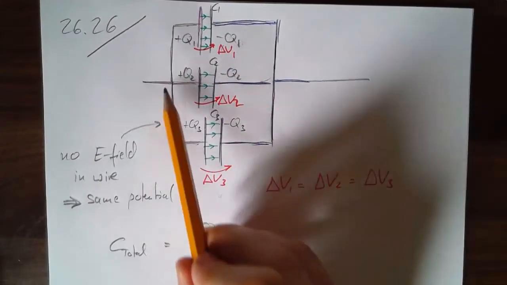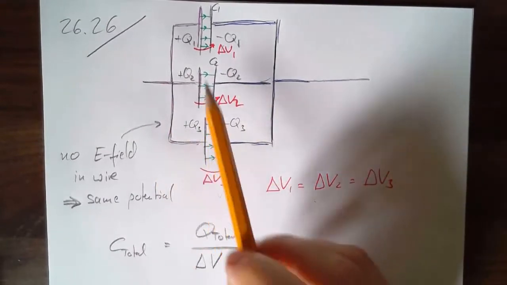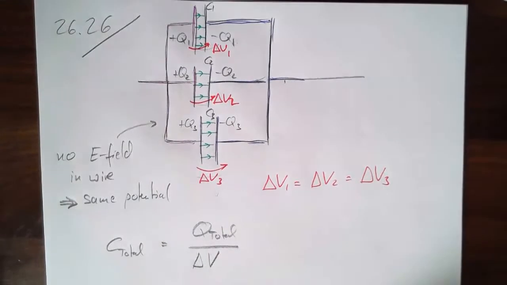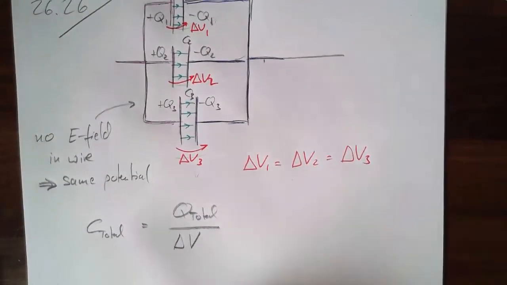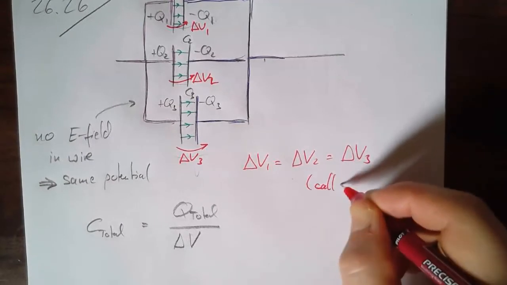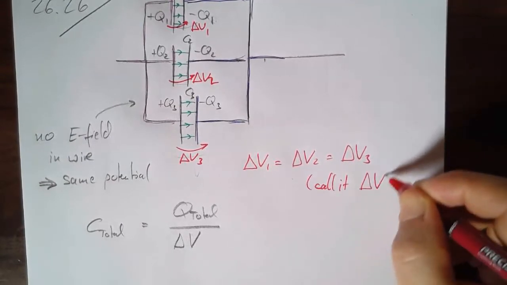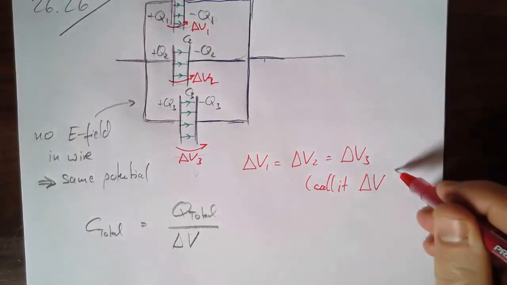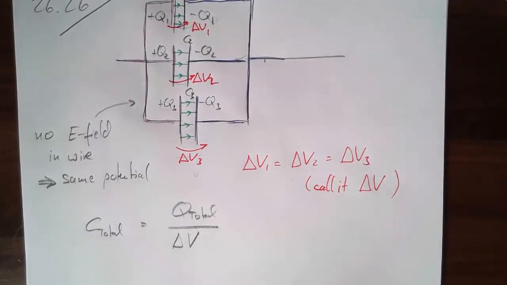They're all the same. This is the potential difference from here to here. It's just one value, 5 volts, 5 volts, 5 volts. So let's just call it delta V, without a subscript, because they're all the same.